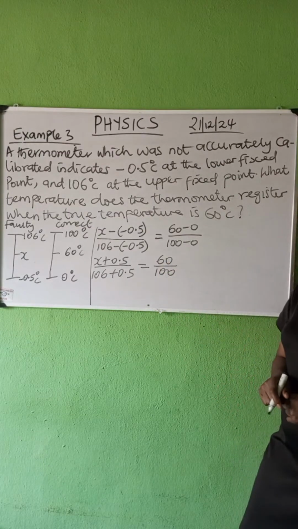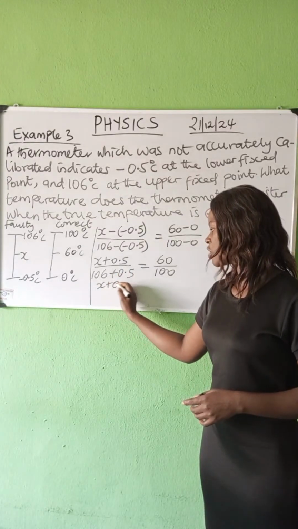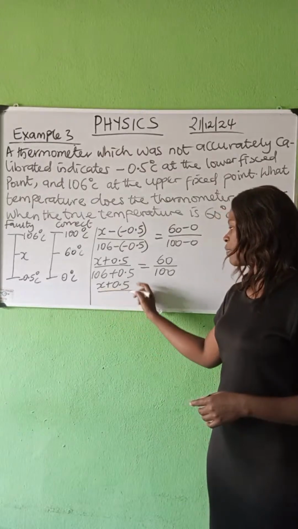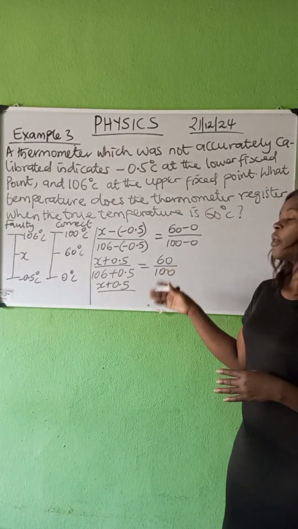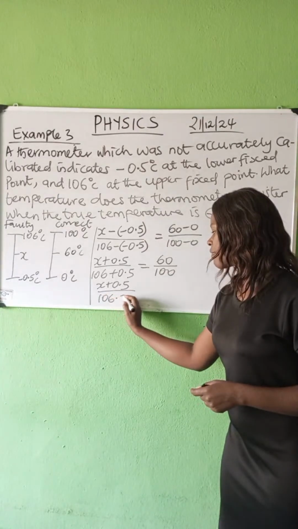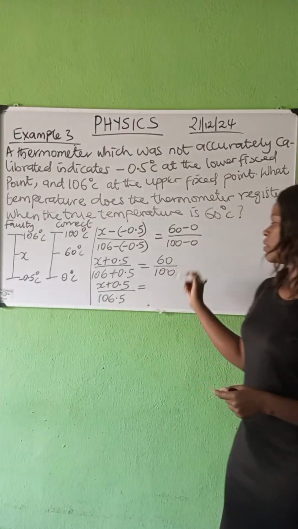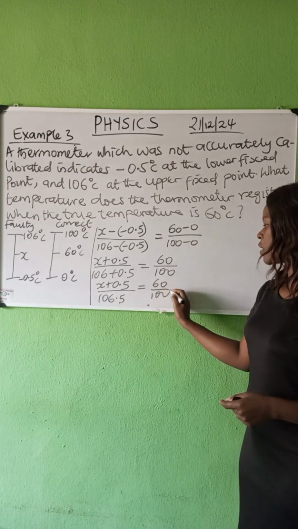Is that clear? Now let's bring it down again. We say this is x plus 0.5 divided by 106, plus 0.5 is going to give us what? 106.5, right? Now it is equal to 60 over 100.